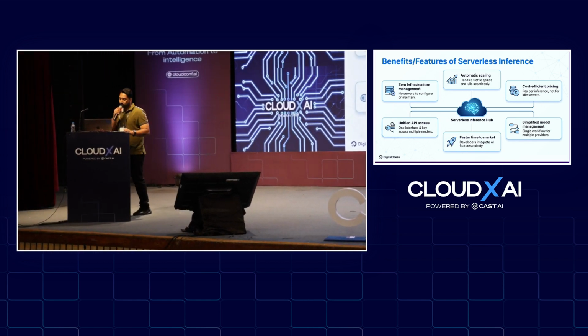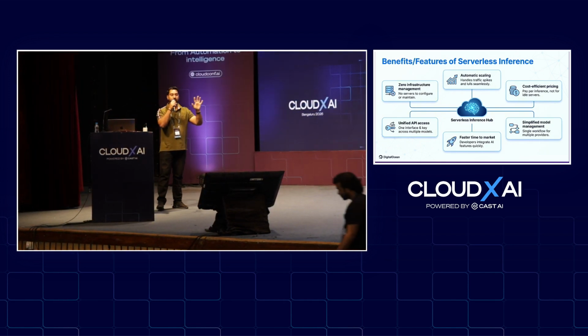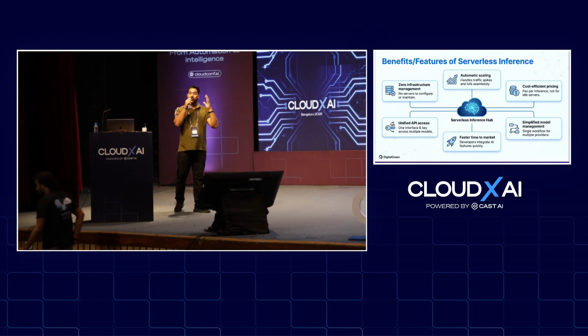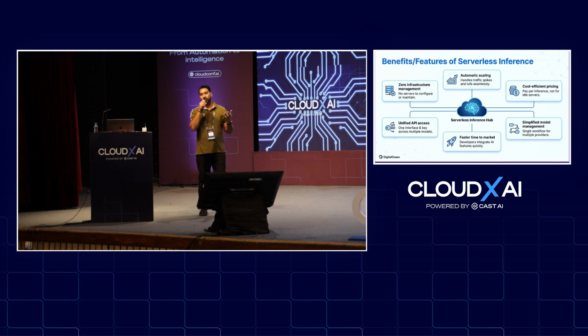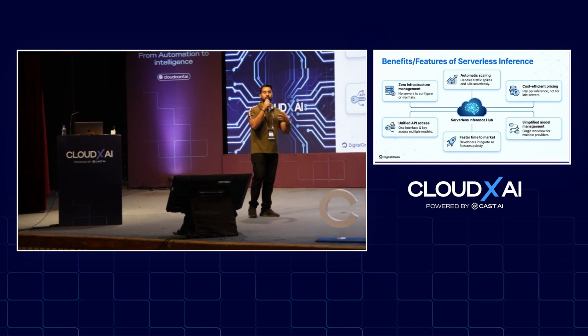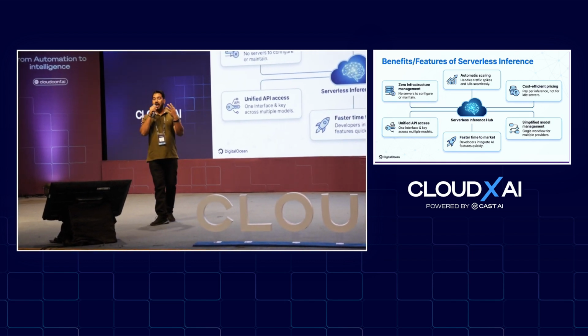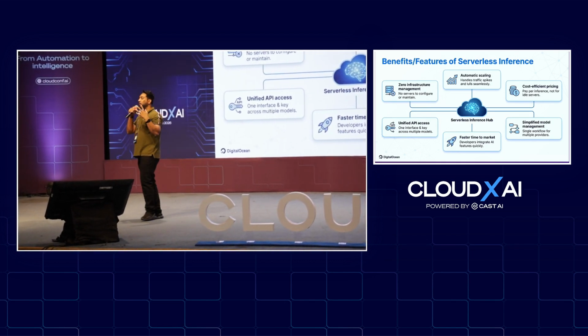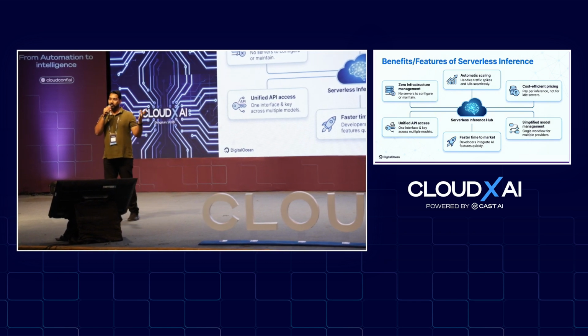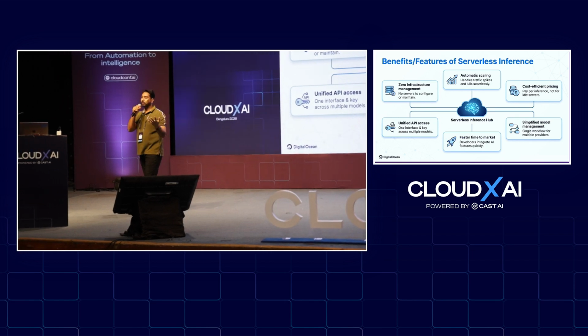And finally, and the most important, is faster time to market. So imagine everything that we talked about, all the benefits that we talked about. Most crucial is to save the time. So all the time that you are saving in creating the infrastructure, deploying the infrastructure, doing your testing, model training, model tuning, you are saving all of those. And rather than spending more of your DevOps time, engineering time on infrastructure, you are using that for creating your application.